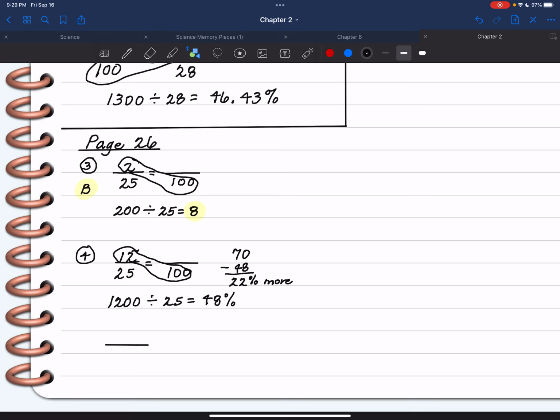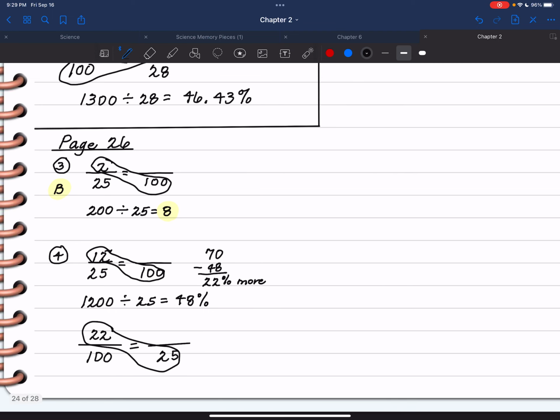So let's see what that is in total questions. So out of 100, we wanted the student to get 22% more correct. And the test has 25 questions on it. So 25 times 22 is 550.